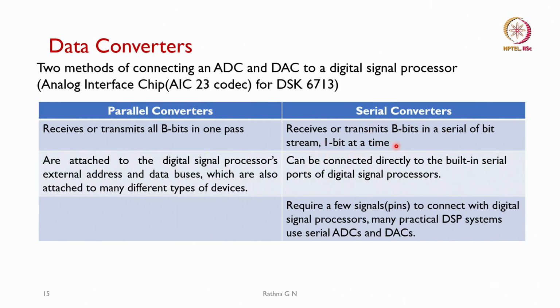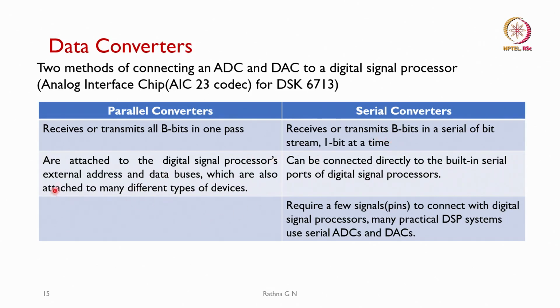If B is equal to 8, all the 8 values come into my system in one clock cycle in the parallel case, whereas with the serial converter, 8 bits take 8 clock cycles because I am taking 1 bit at a time. So, I have to wait for 8 clock cycles to get the complete data.